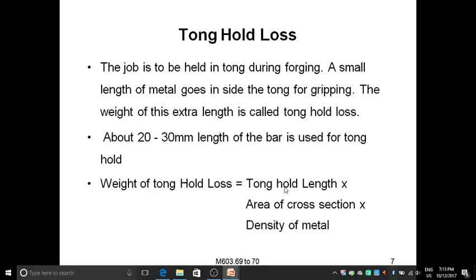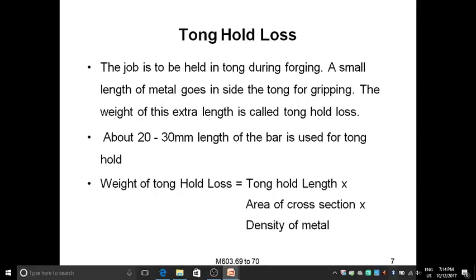But here the length means how much extra length you are providing on the workpiece to hold with the help of the tongue. The tongue is a device which is used to hold the workpiece in the forging section.